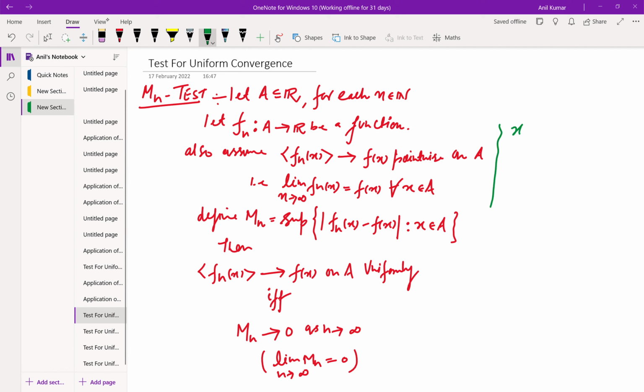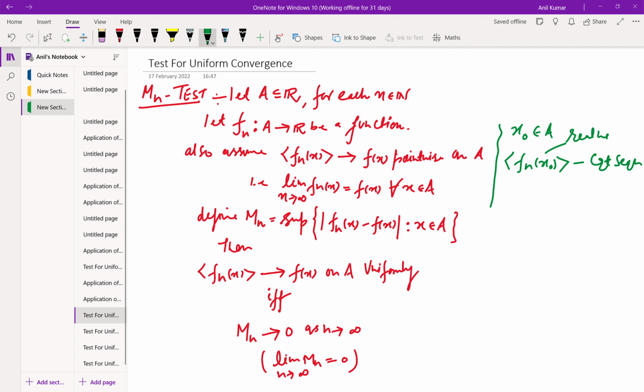for each x naught in the set A, the corresponding sequence of functions f_n(x) at x naught will be a convergent sequence. You are familiar with this, that this is a sequence of real numbers.